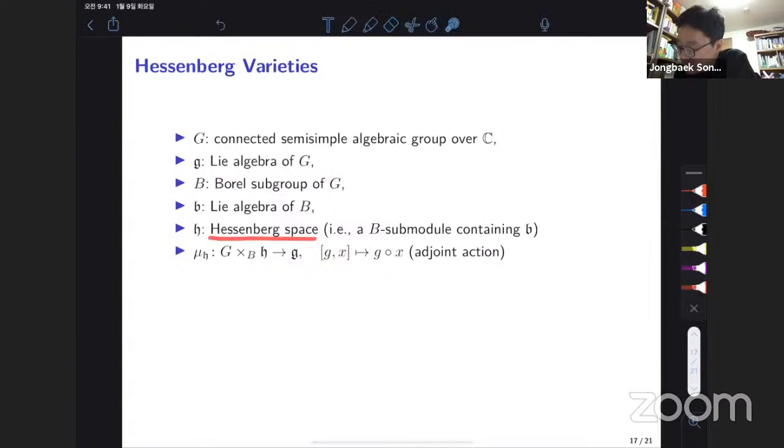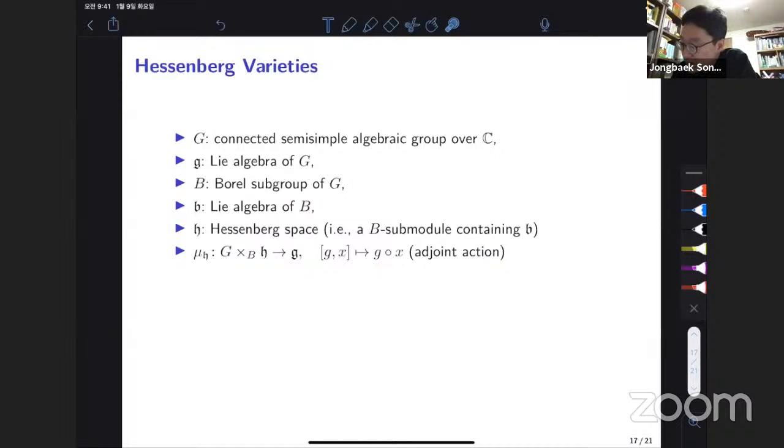This is nothing but a B-submodule containing the Borel subalgebra, and depending on the choice of this Hessenberg space, you can define a map from this twisted product to the Lie algebra, given by the adjoint action.